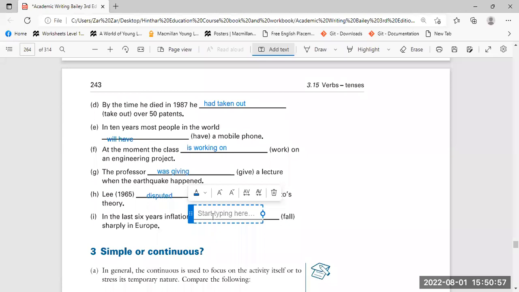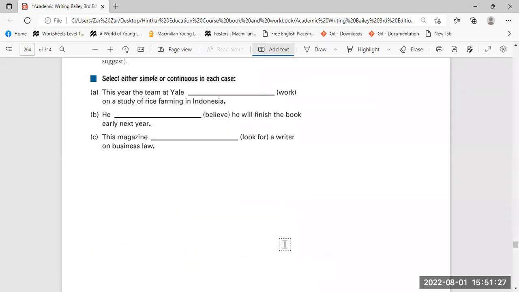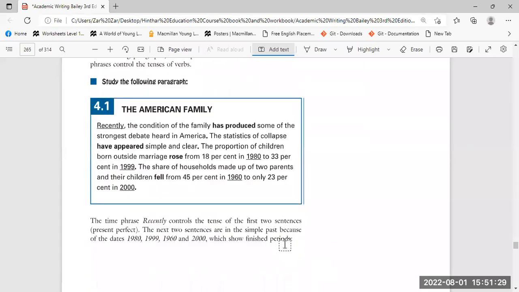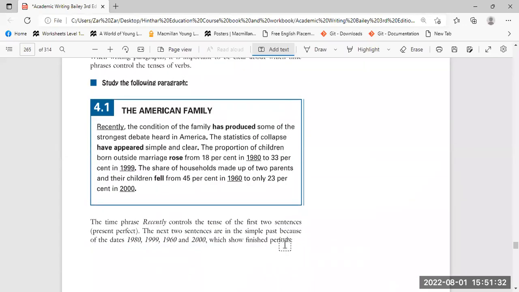So we should probably say past perfect or past perfect continuous, because this is the action that was happening at the time for a long time, right? So it should be had fallen or had been falling would be more suitable. So I skip this part. I think it's going to be all right with you guys.